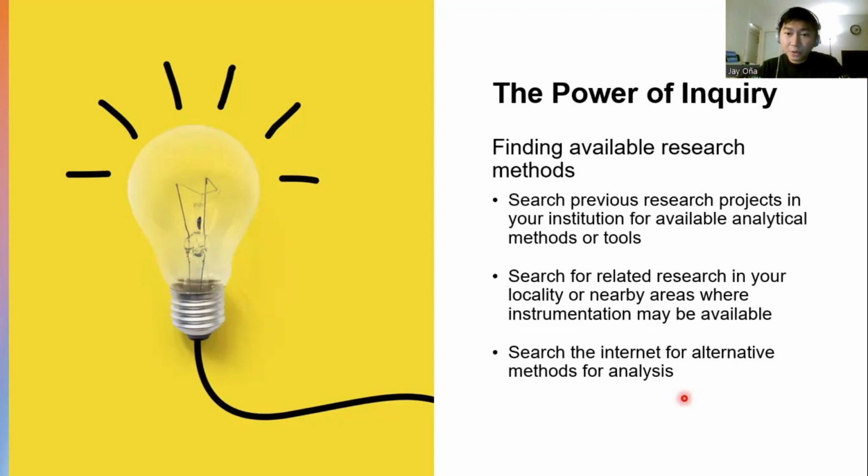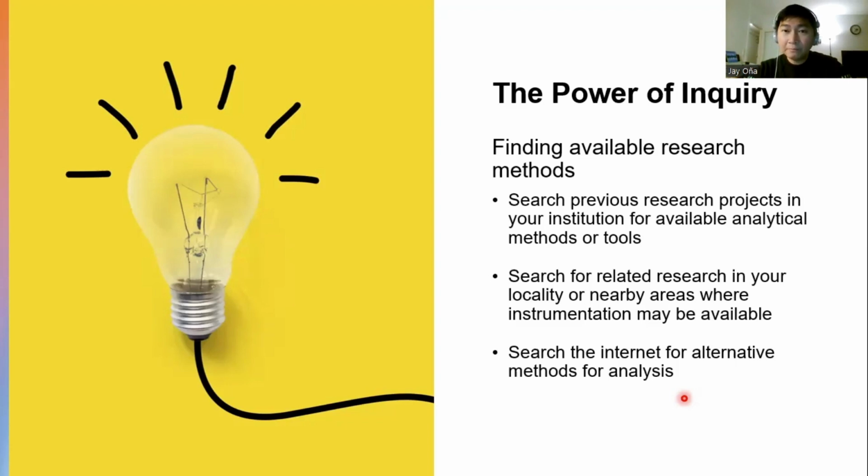So if that doesn't work, then you can browse for related research in your immediate locality or nearby province, where that instrumentation or analytical technique may be available.